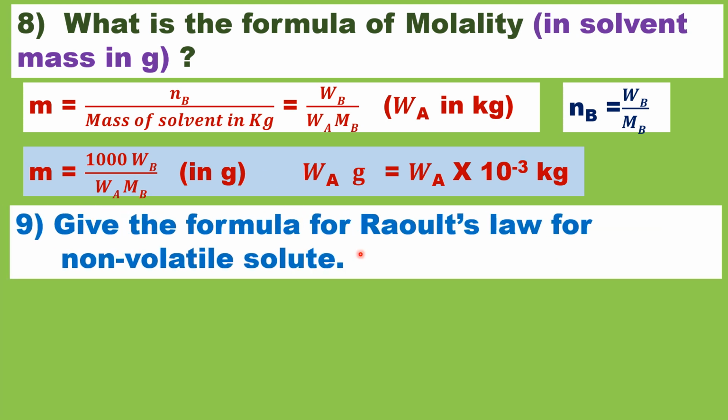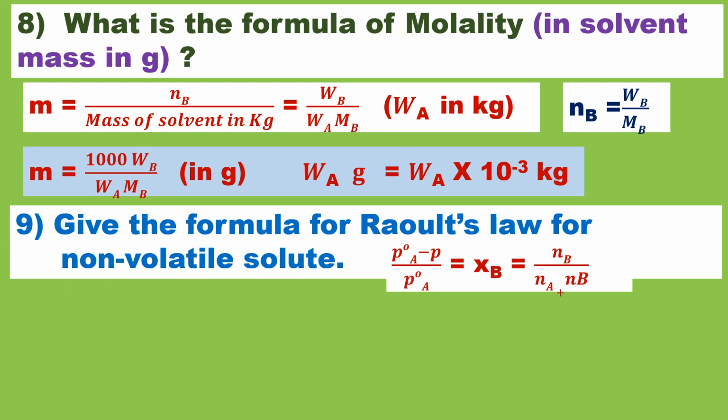Next, what is the formula for Raoult's law for non-volatile solute? There are two formulas for Raoult's law, one for volatile solute and one for non-volatile solute. Give the formula for non-volatile solute. This is the relative lowering of vapor pressure.